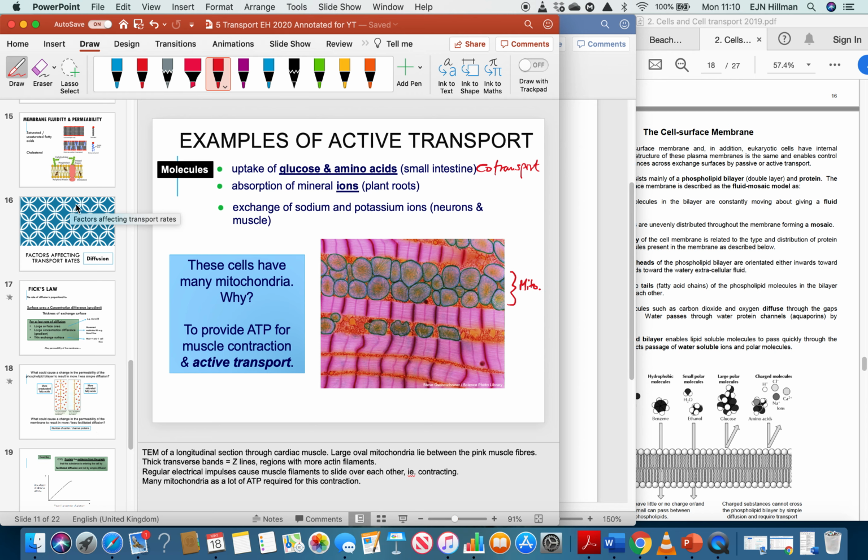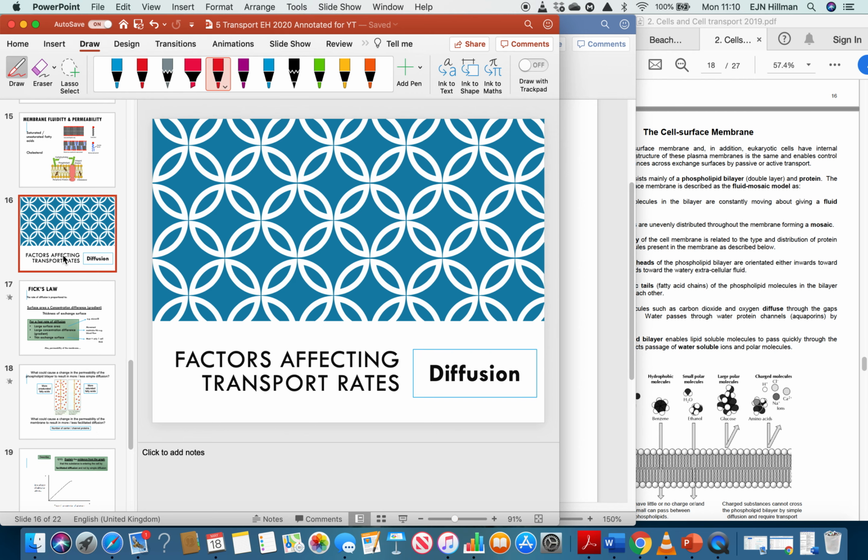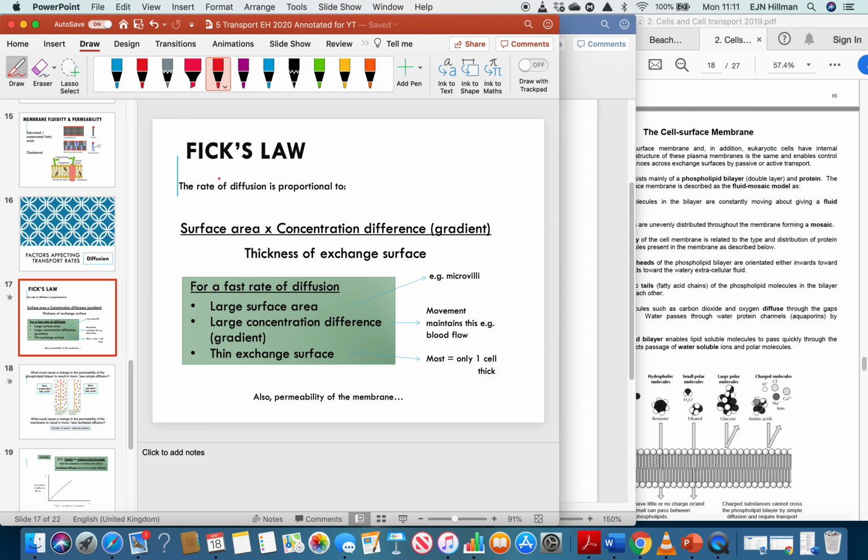Okay, so I'm just going to flick through to some factors affecting those rates. So diffusion, okay, if you've been in my lessons, you know I've banged on about this a lot. Fick's law isn't actually present on the specification anymore, but it's really, really important, and so much of the lower sixth biology depends on an understanding of Fick's law.